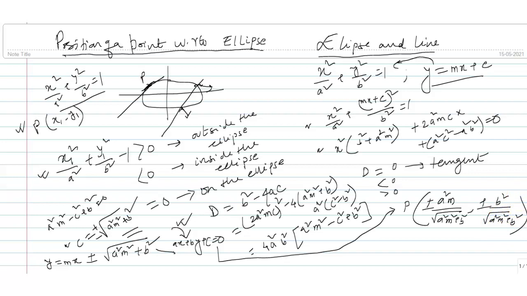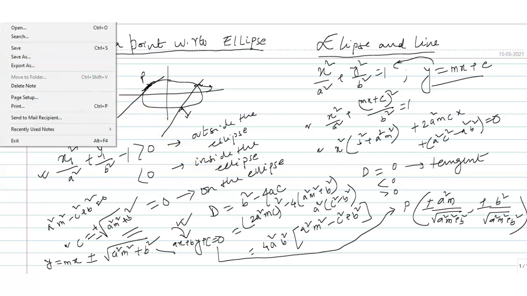If someone asks you to write the tangent equation in point form or in parametric form, then how will it look?